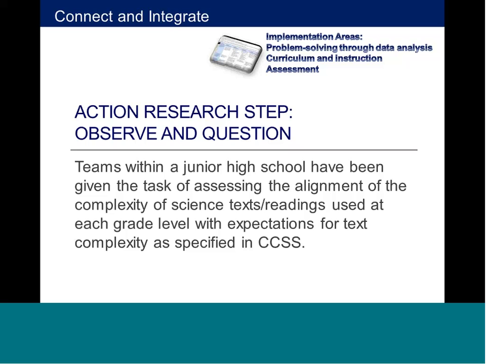So in action research, the observation and question step, I have a team here that's from a junior high, and they've been given a task. There are multiple grade levels.